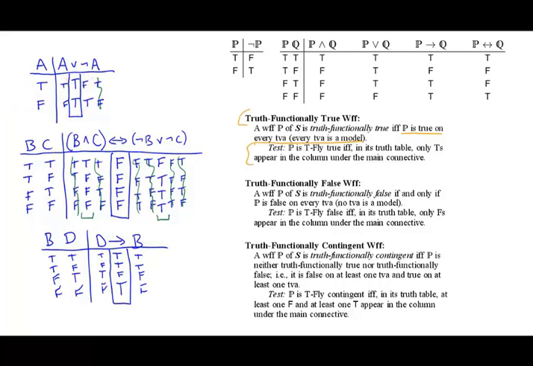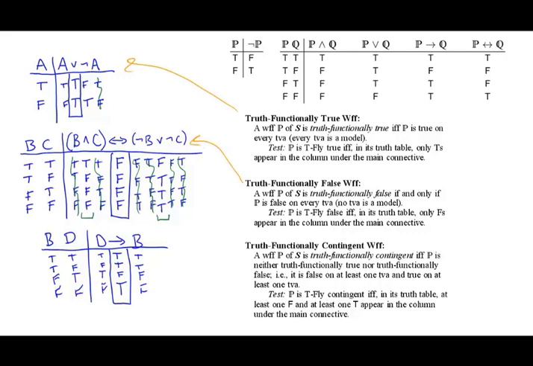That is the test right here. So we can tell if only T's appear in the column under the main connective, then it's a truth functionally true formula. Note, it does not have to be every column, only the main connective. Contrast that with the next example, truth functionally false formula.